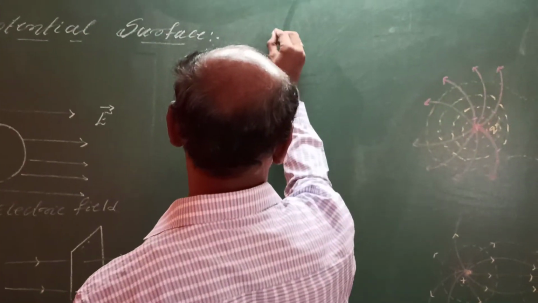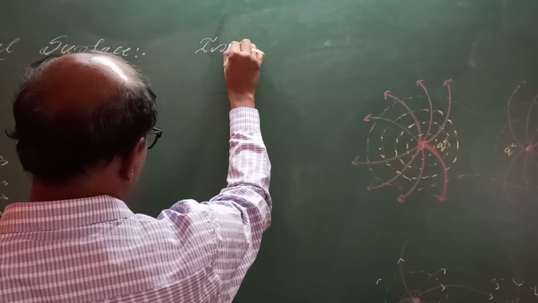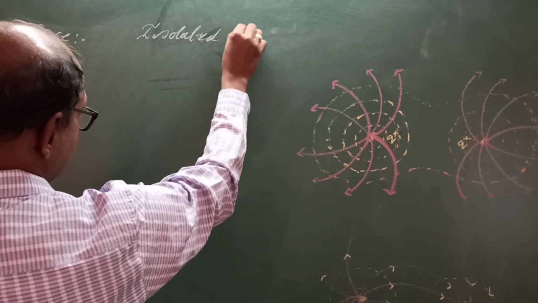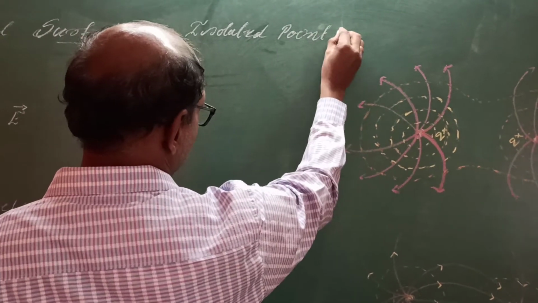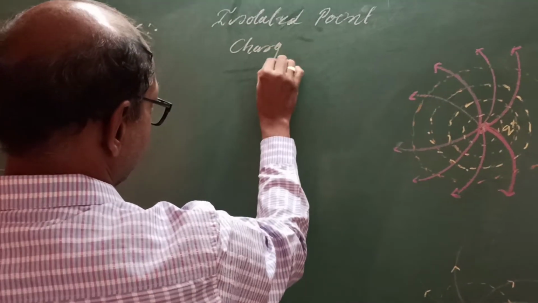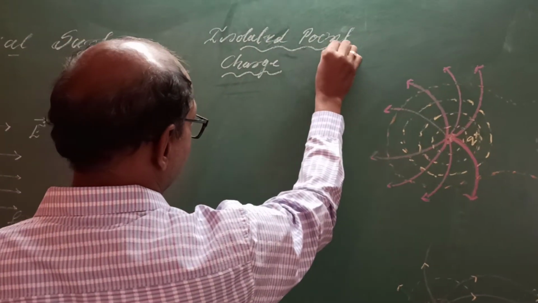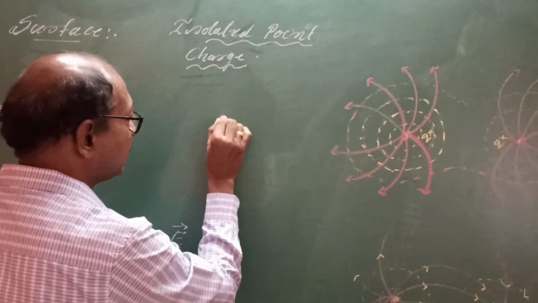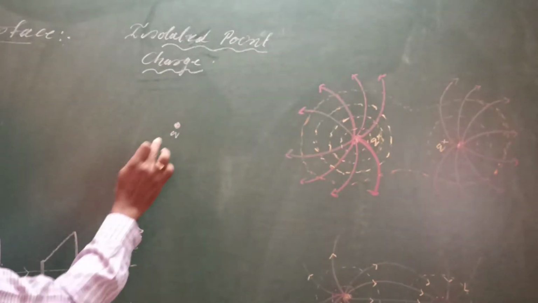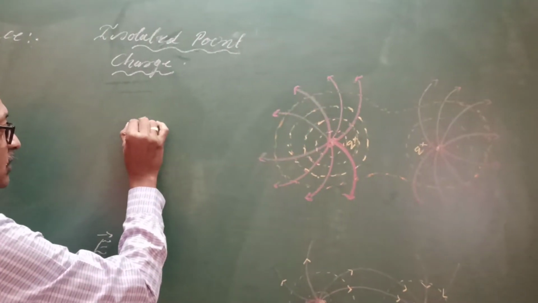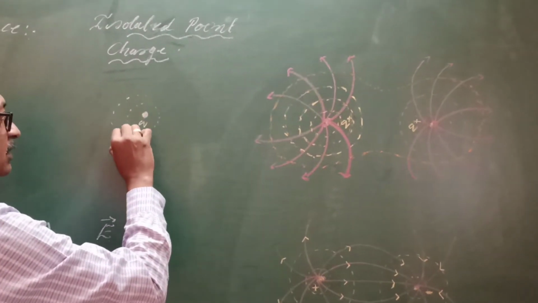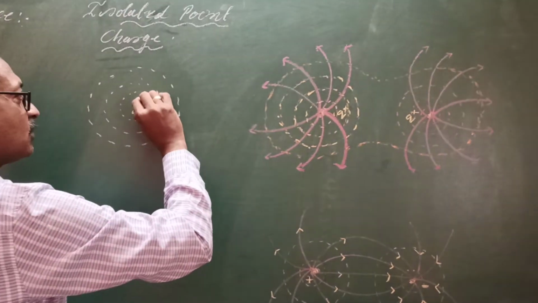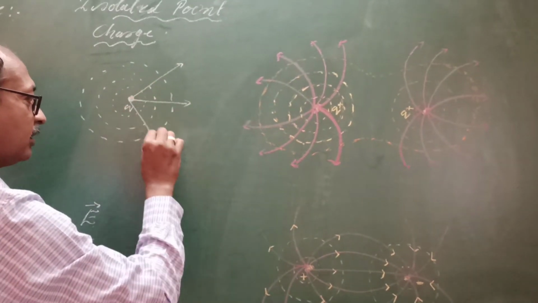Let us consider here a charge Q. As its radius goes on increasing, just like this, then what happens? This is all electric field.